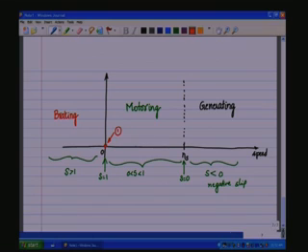Then somewhere around this point you have 500 RPM, and this point is case 2, and at 500 RPM we had the slip of S is equal to 0.66.